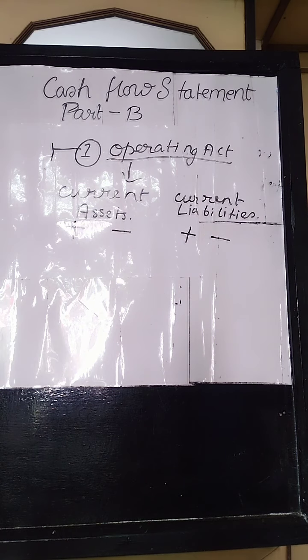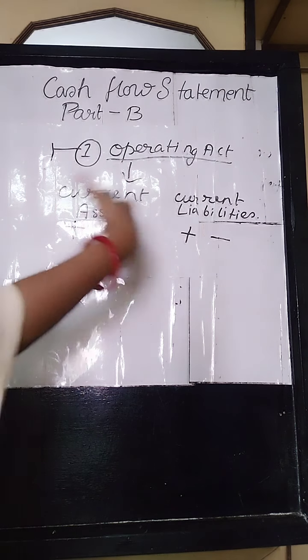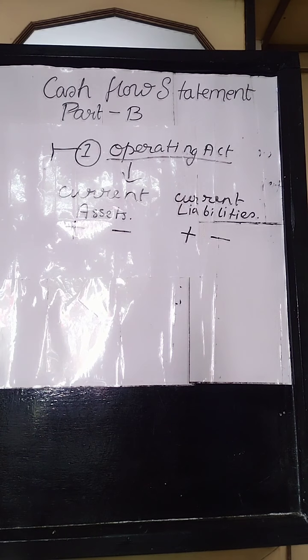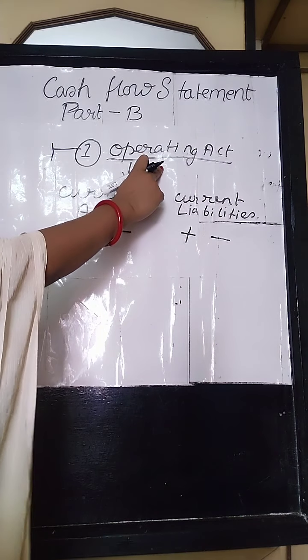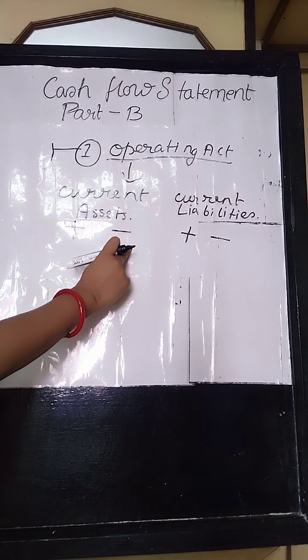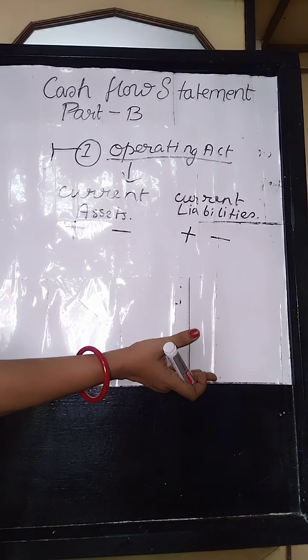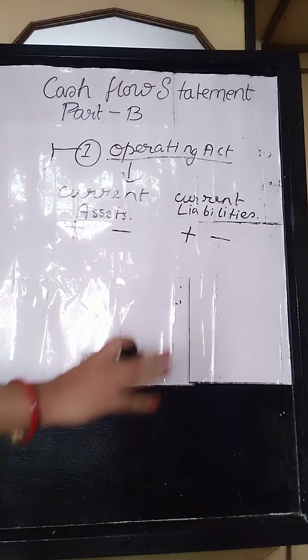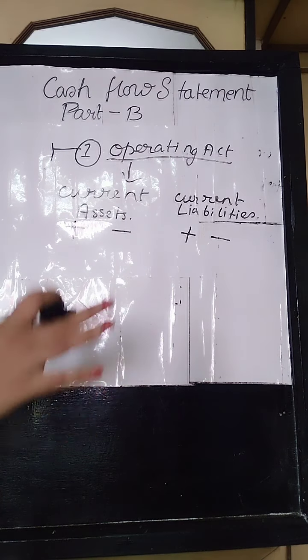So the addition and subtraction of current assets or current liabilities for a certain period of time is the main part of operating activity.